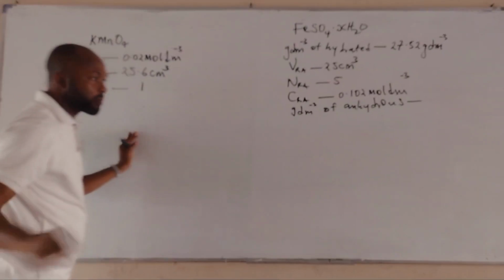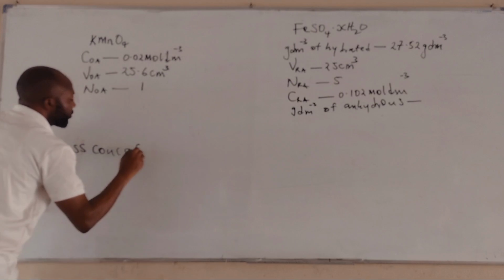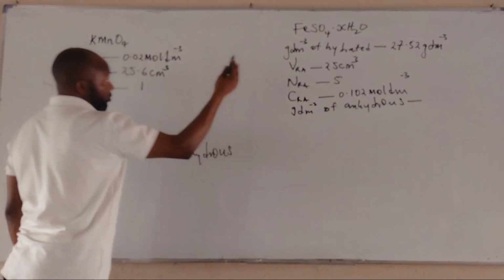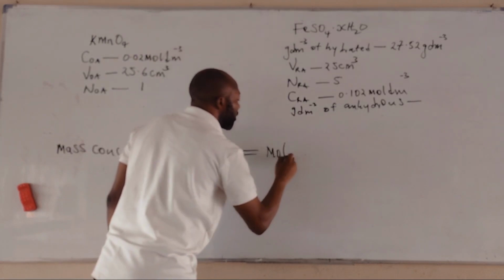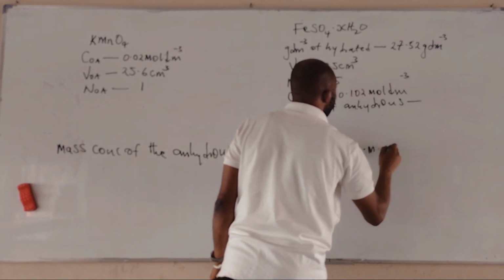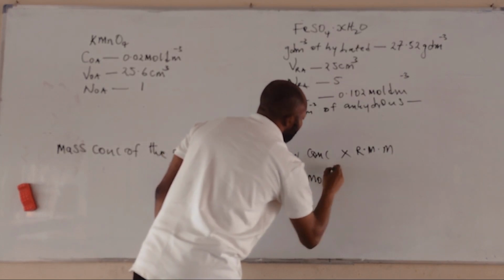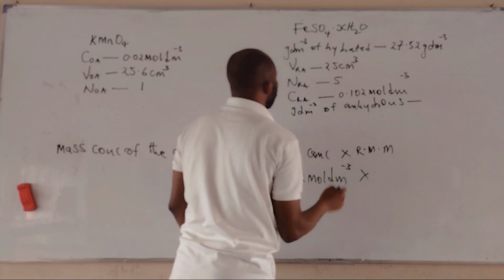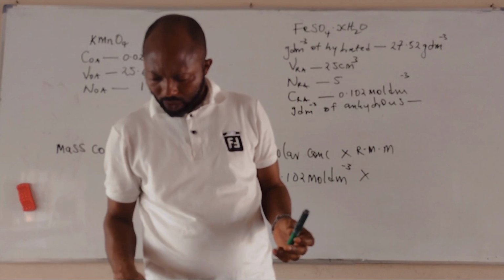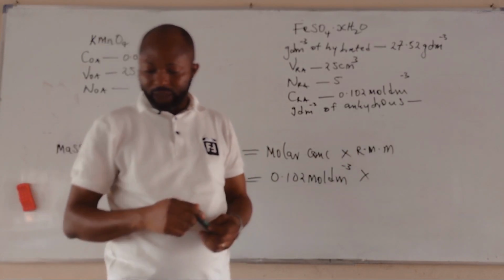Now, the mass concentration of the anhydrous salt, the anhydrous reducing agent, is equal to the molar concentration times relative molecular mass. The molar concentration is given to be 0.102 mole per dm cube. The relative molecular mass of iron 2 tetraoxosulfate 6 should be 56 for iron, if I am not mistaken. I didn't state it, but I think it's 56.